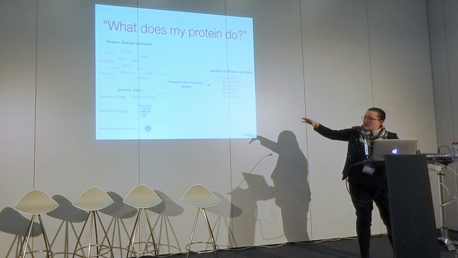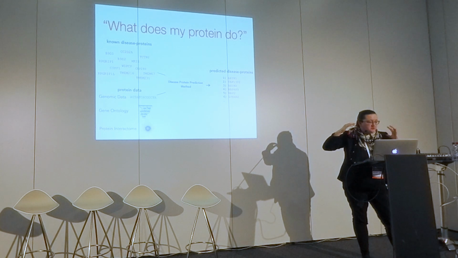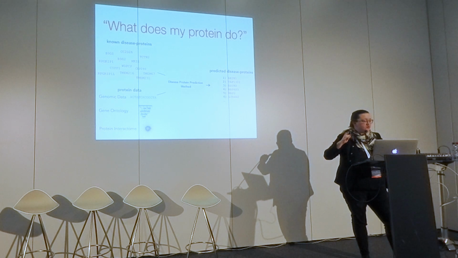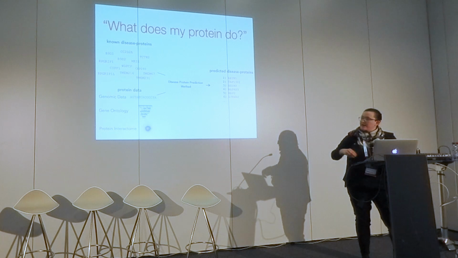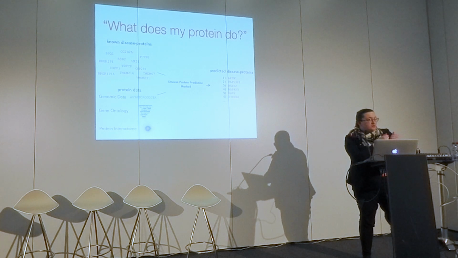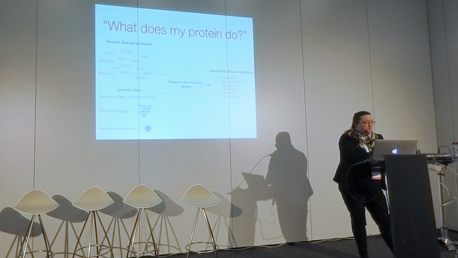So it's all about integrating very large, different kinds of information about proteins, that might be genomic data about functions that proteins are involved in, and taking known labeled information about proteins and diseases that we already know about.